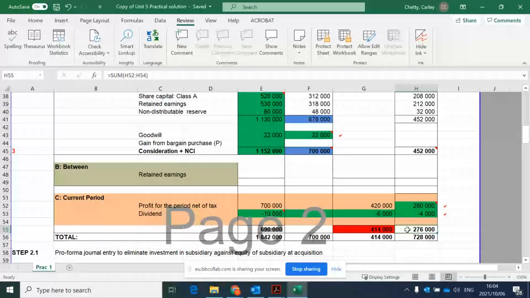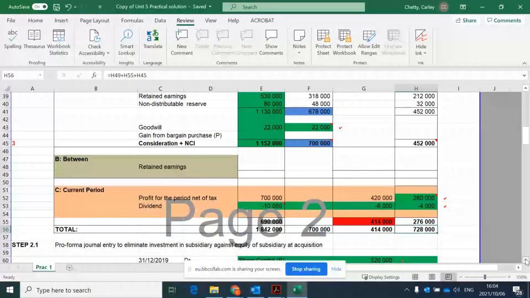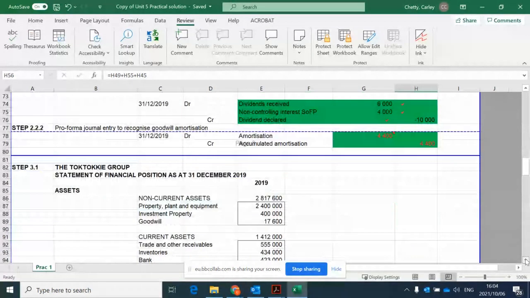So that 276,000 is the current year profits to NCI, but the 728,000 is the total of the at acquisition non-controlling interest and the current period profits attributable to the non-controlling interest. Okay, let me just scroll down.